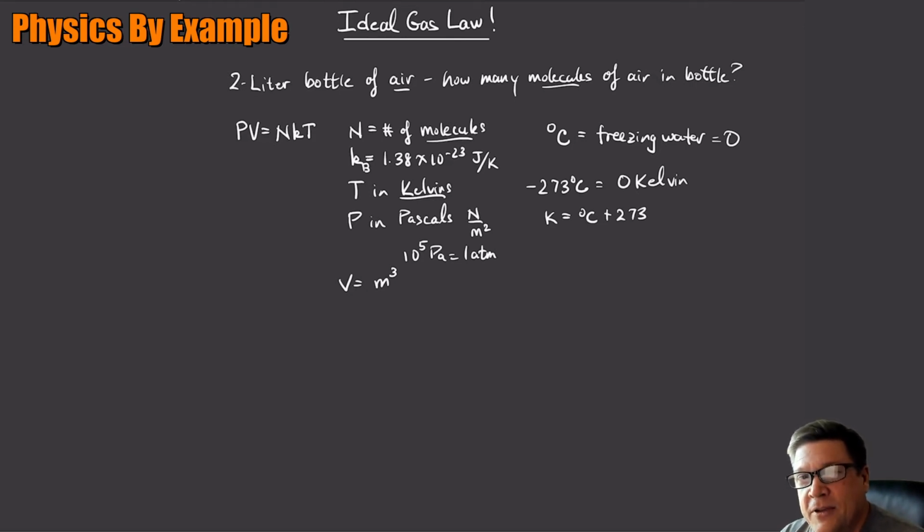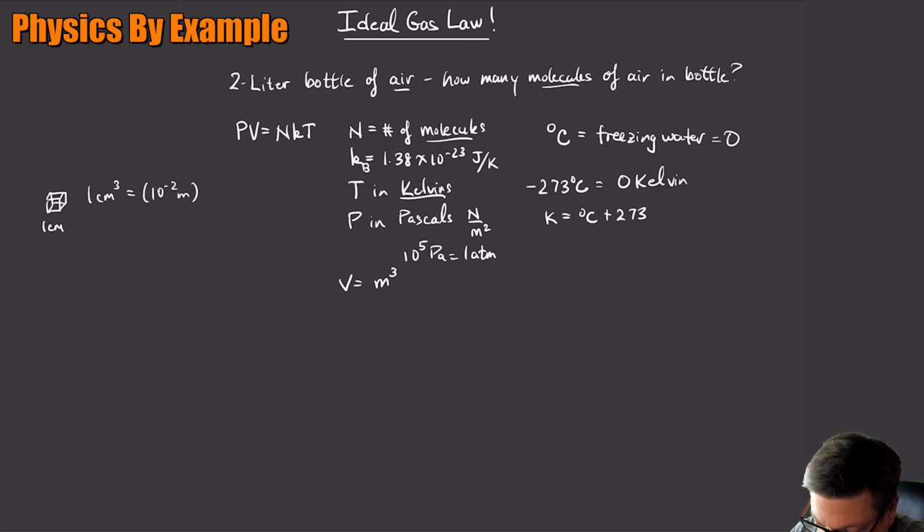Okay, so let's go over this real quick just to make sure we're all on the same page. If I have a little box, and this is 1 centimeter, 1 centimeter cubed. This is 1 cubic centimeter, right? So how many cubic meters is this? Well, each side is a centimeter, so it's 10 to the minus 2 meters, but I got to cube it.